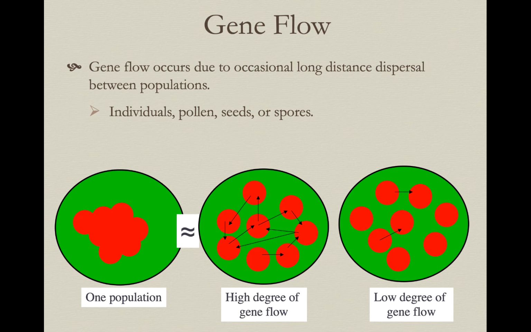So there's high gene flow that again is reducing the genetic differences among populations. In this example over here, these populations, because they receive so little gene flow, so little genetic connectivity among populations, they're more likely to develop genetic differences between themselves.